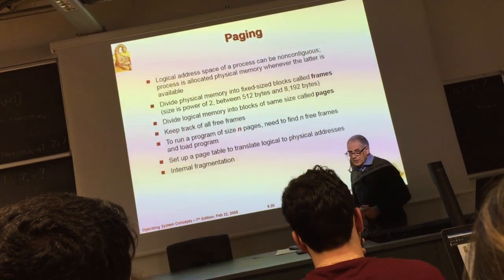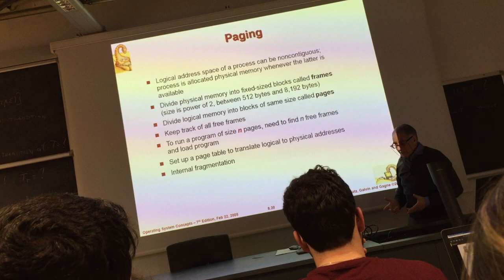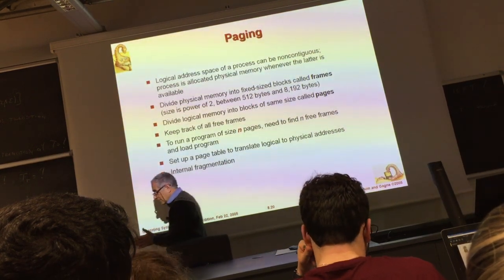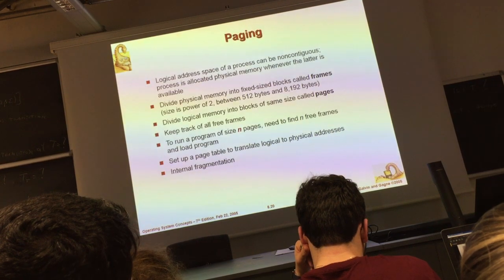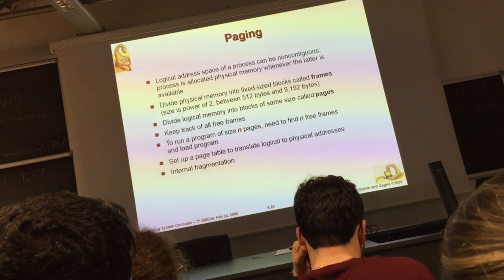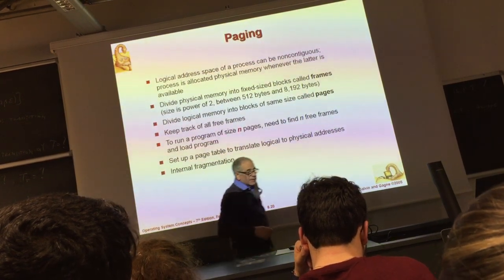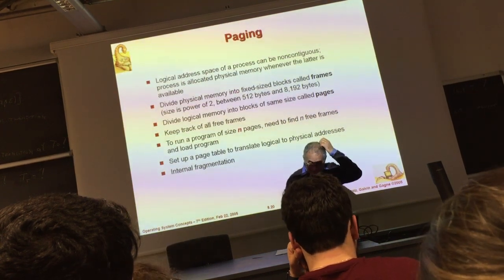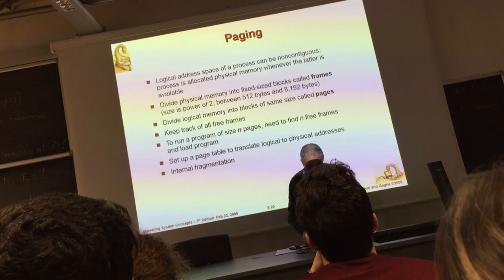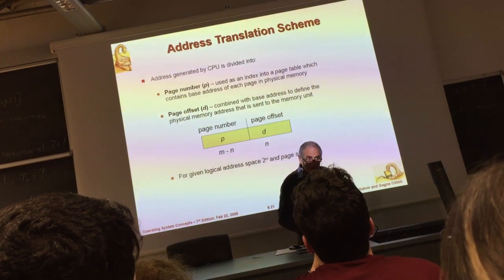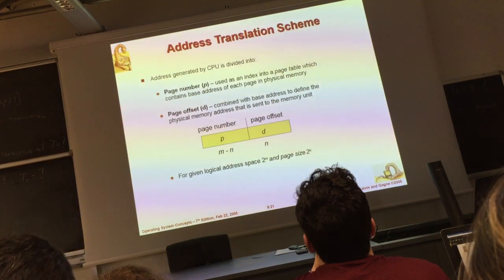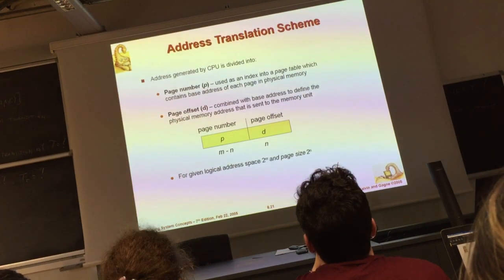Page table that maps the current physical frame to the logical page. This is additional memory, kernel memory that you need to use. So why do we use pages that are power of 2?